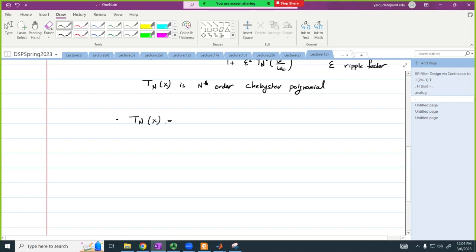So what is Tn of x given by? Eventually, yes. So Tn of x is given by cosine of n, cosine inverse of x. And therefore, if we let theta equal cosine inverse of x, then Tn of x is going to equal cosine n multiplied by theta.